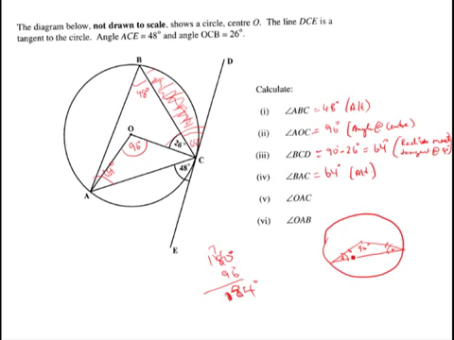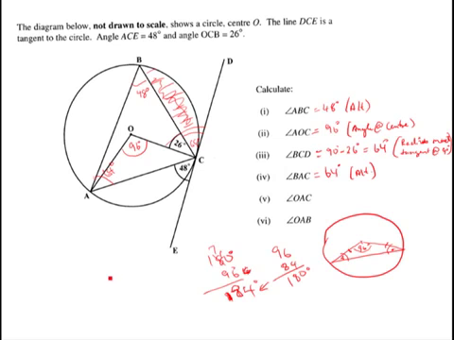So these two angles must add up to 84 degrees, because this is 96 degrees, and to get 180 we have to add 84 to 96. So these two angles must add up to 84 degrees.